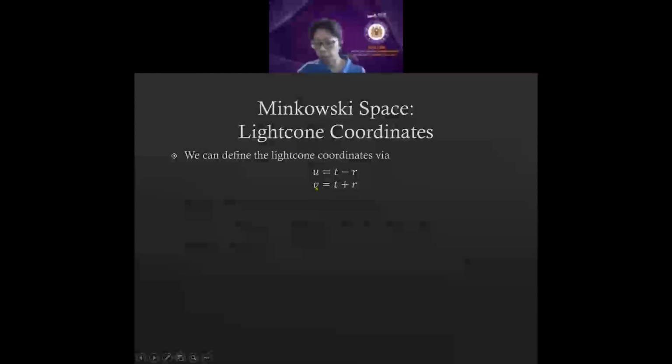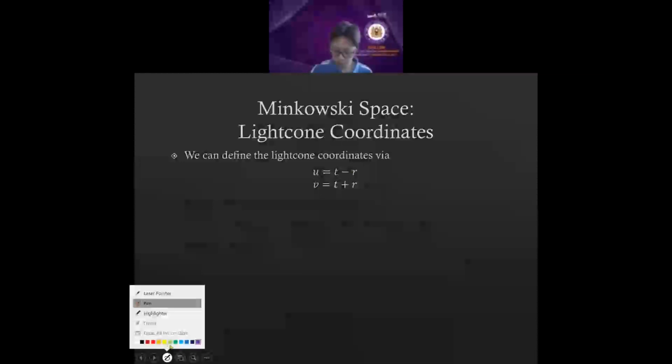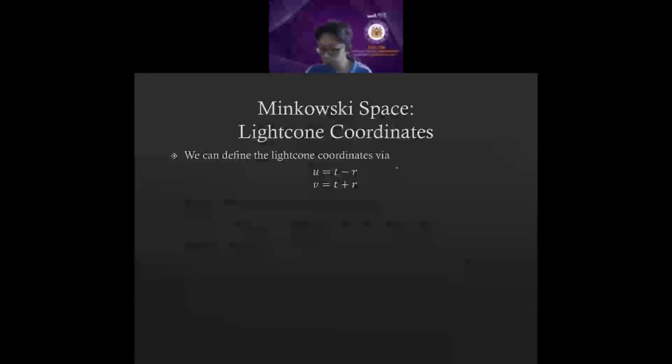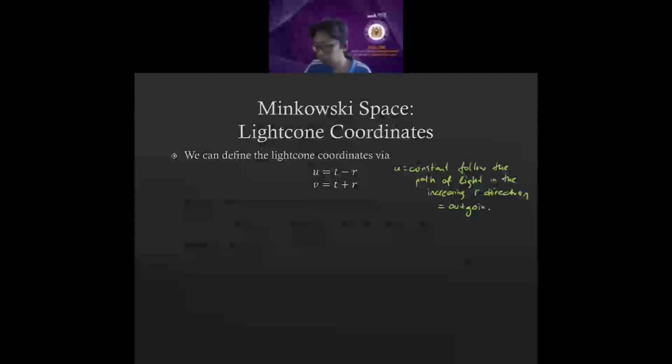So we define these new coordinates u and v via this relation, where u constant follows the path of light in the increasing r direction. This is what we call the outgoing light.